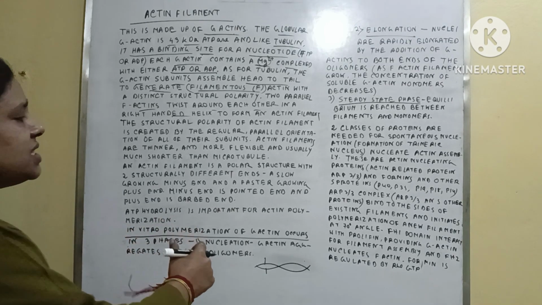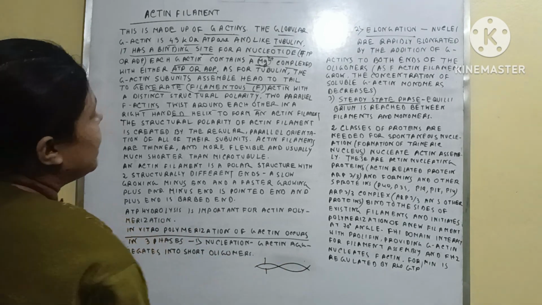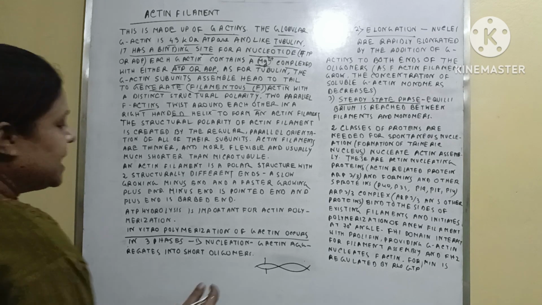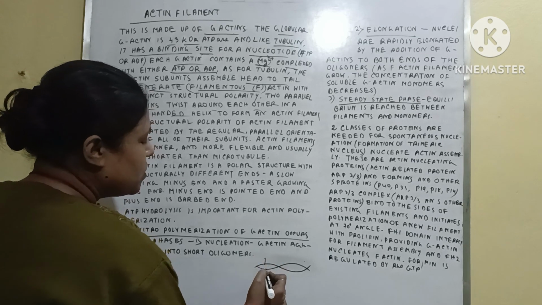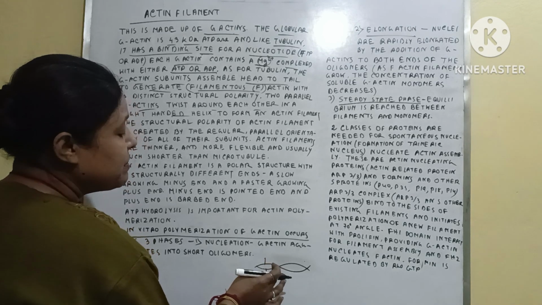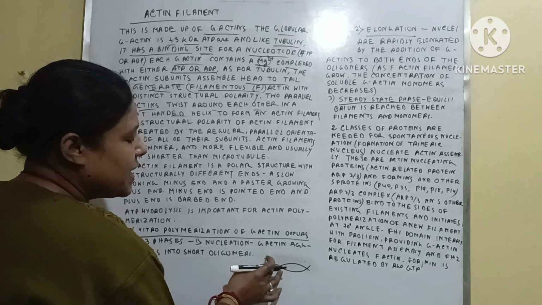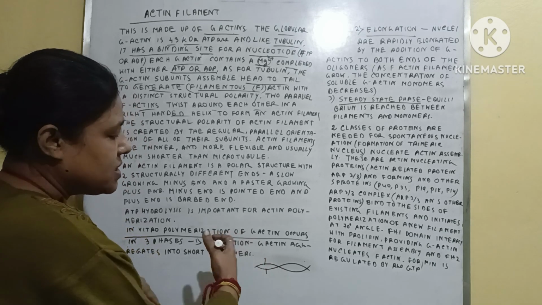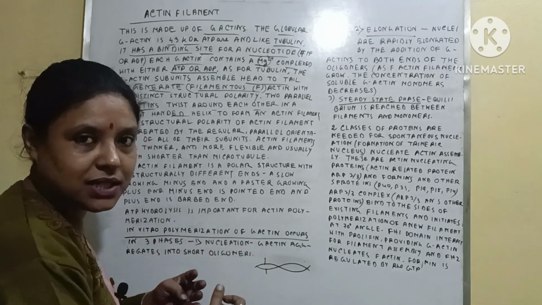They twist with each other to form a right-handed helix. That means two strands, two filamentous F actin strands, twist with each other.